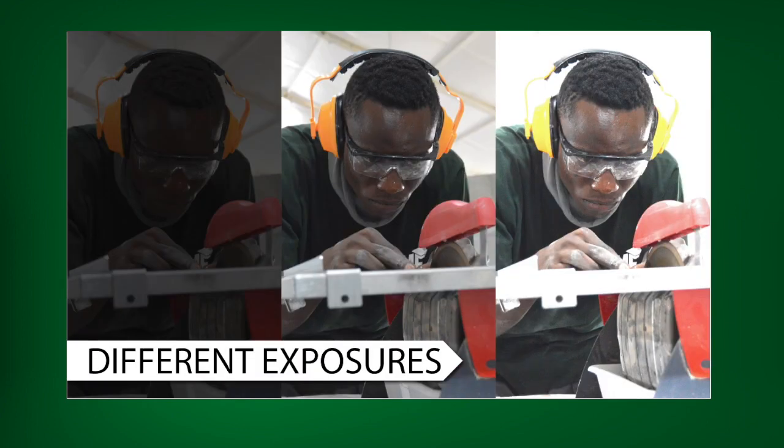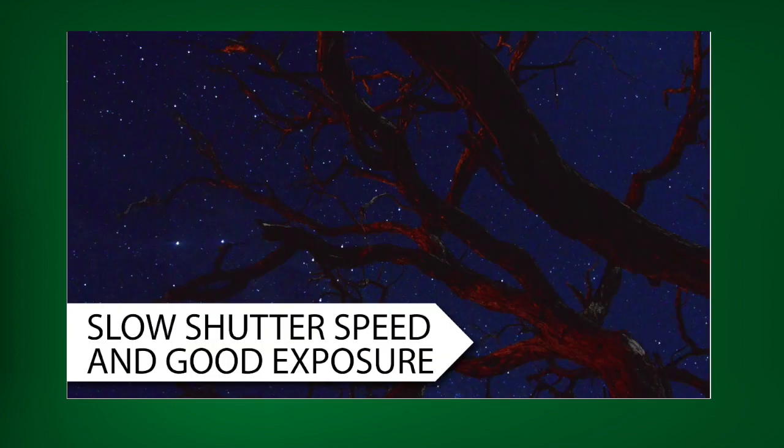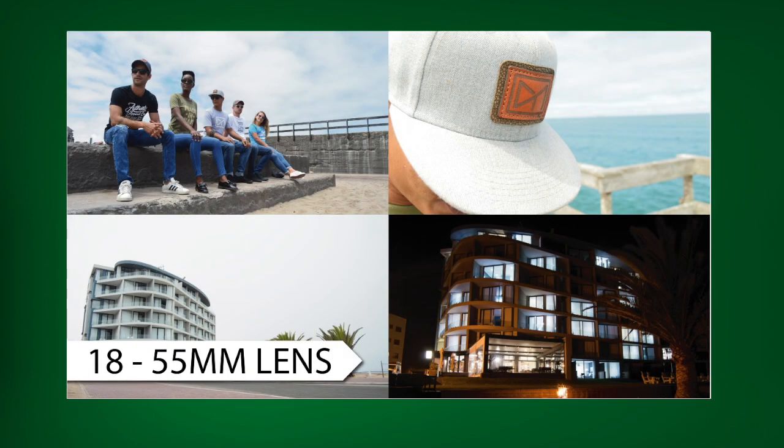This is an example of an underexposed and an overexposed photo. When combining your shutter speed and exposure settings in the correct format, you can even capture the stars. In this example, you can see the different types of photographs you can take with your 18 to 55 millimeter lens.